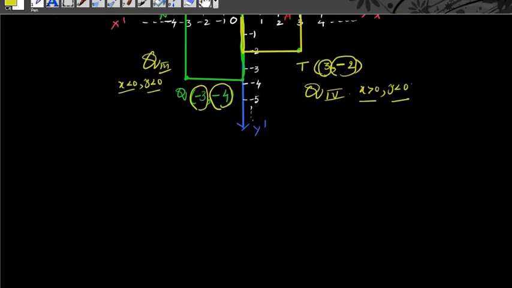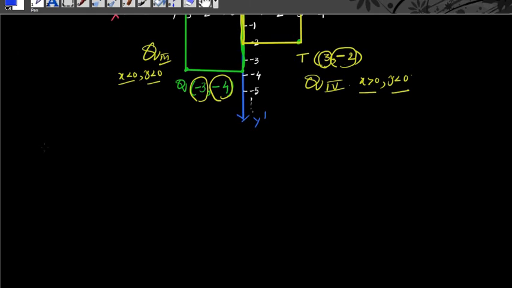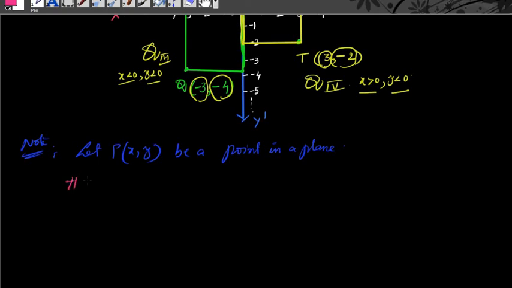Now we have to write the main points. Note: let (x, y) be a point in a plane. Let this be named P. Now the first property: if P lies on the x-axis, what is the property?